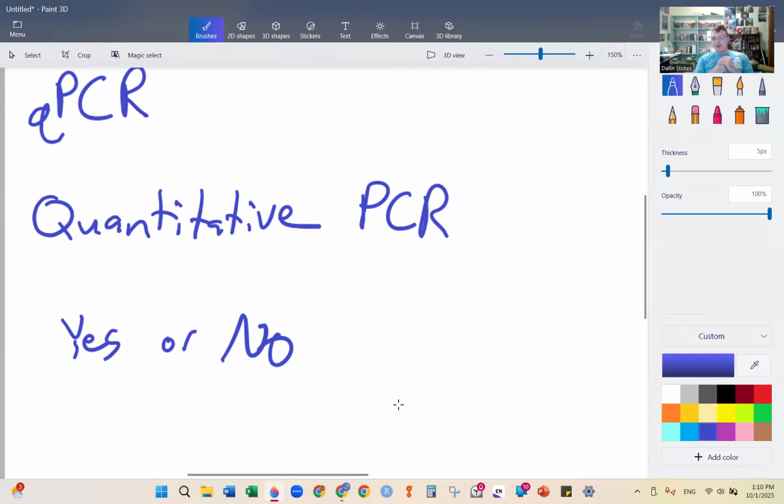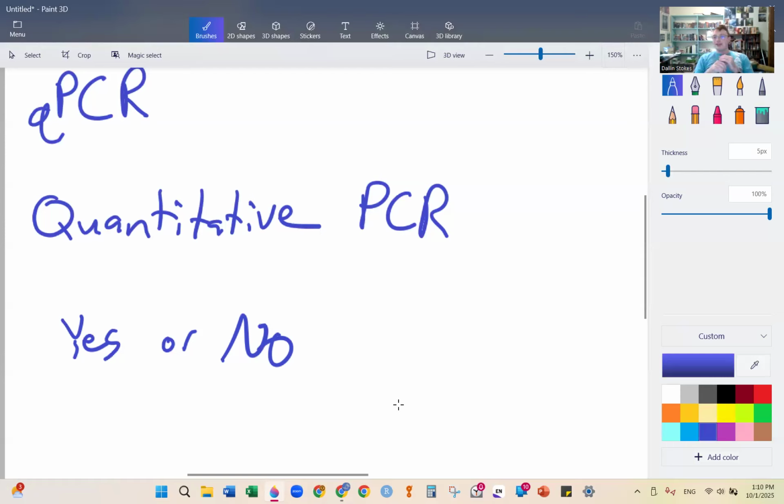But it doesn't tell me how bad your COVID is. It doesn't tell me, are you at the early stages of COVID? Do you only have a few copies of the virus? Or are you like super, super sick? You're on like day 5 of COVID and you've got lots and lots of virus in you, right? It doesn't tell me that. It just tells me, do you have COVID or do you not?